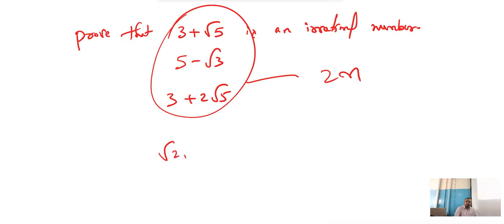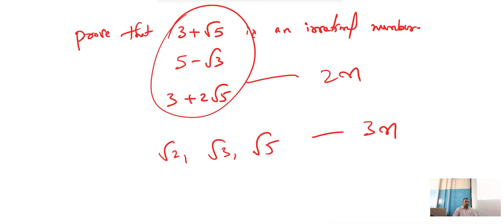Then prove that root 2 or root 3 or root 5 is an irrational number. If it comes, it carries 3 marks. Make a note. If they give you a single-digit root, it carries 3 marks. If you get numbers like 3 plus root 5, it carries 2 marks.